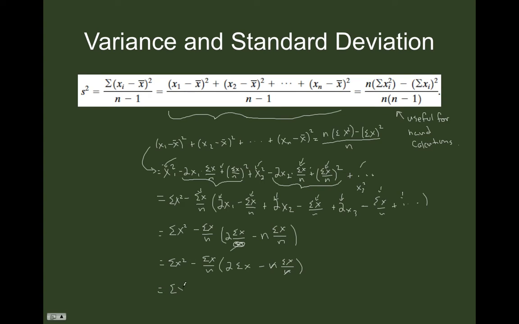So you have the sum of the x squareds minus sum of the x's over n times, now I got 2 sum of the x's minus, those n's are gone, so that's minus 1 sum of all the x's. That leaves 2 minus 1, which is 1, so we have 1 sum of all the x's over n.